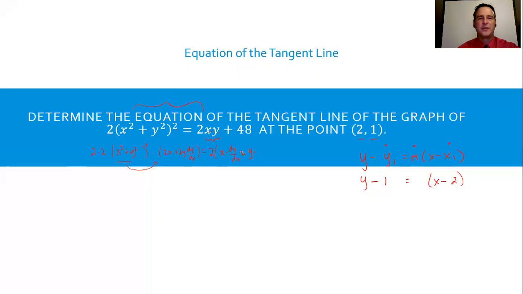I'm not touching the 2. The 2 is out front. Derivative of x is 1. Plus 48, and the derivative of 48 is 0. Okay, so let me pause for a minute. Make sure that right side makes sense. Basically, I took the derivative of x times y, and it's done again through a product rule.